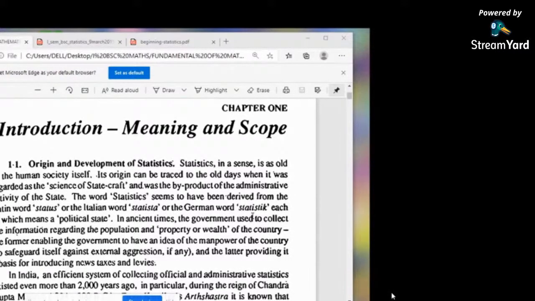In ancient times, governments used to collect information regarding the population and the property or wealth, as we see nowadays in census operations, where the government collects information about the population.